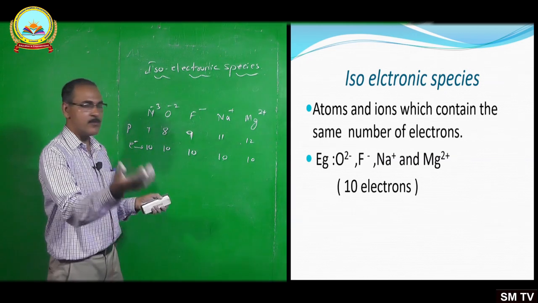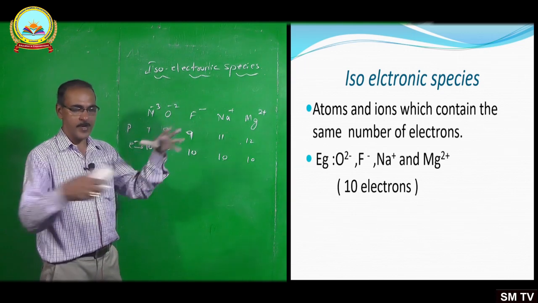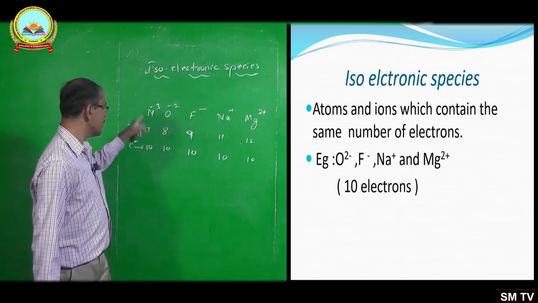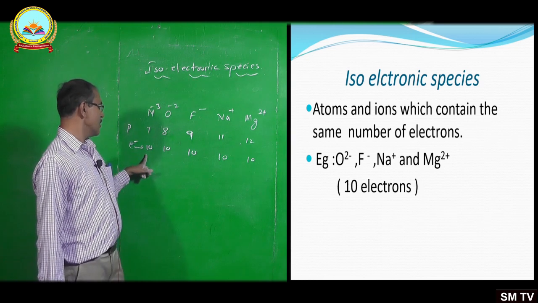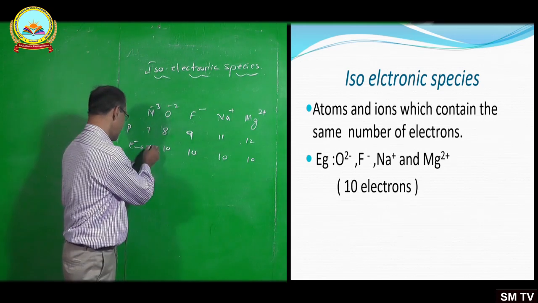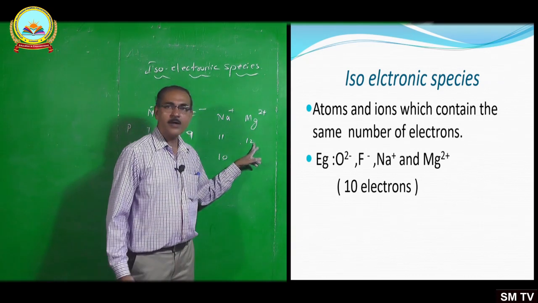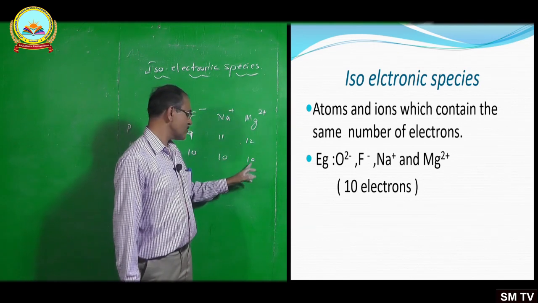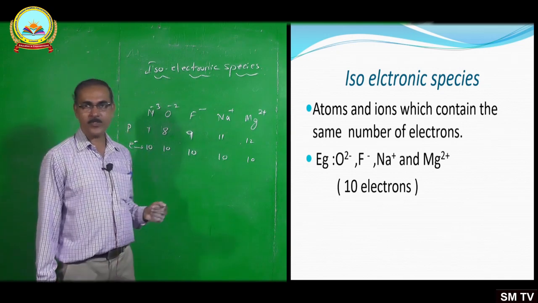Electrons have negative charge, protons have positive charge. I told you there is a force of attraction. Look here and compare the number of protons and electrons. So, 7 protons have to attract, catch hold of 10 electrons. Here, 12 protons have to catch hold of these 10 electrons.